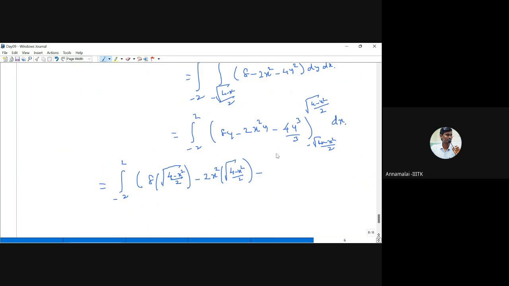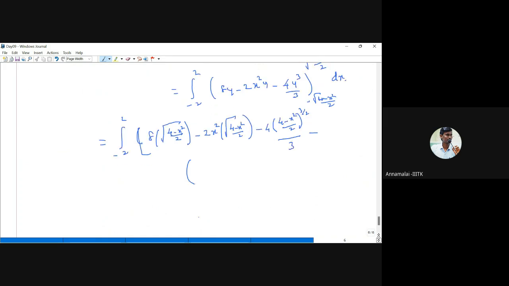Since y cube, already square, we can write 4 times (4 minus x square) by 2 to the power 3 by 2, divided by 3. So this is for the upper limit, minus the lower limit; you will get the same thing.